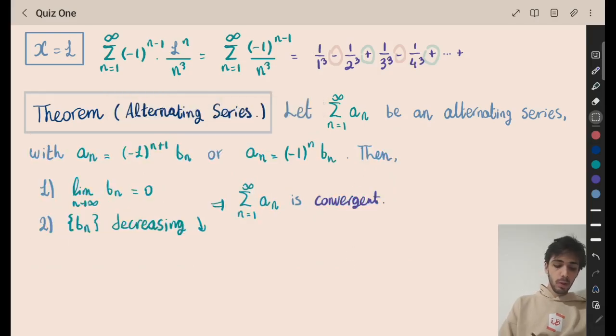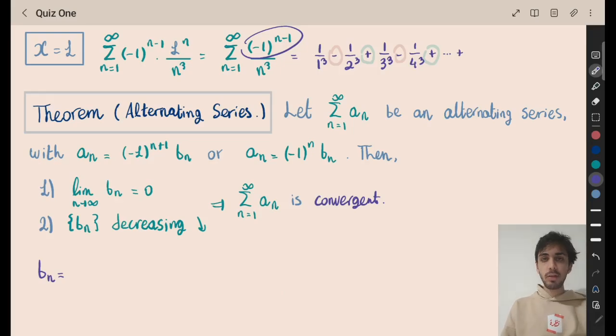It says that if you have this series An, you would like to take a look at Bn. In our case, Bn is the part which does not alternate. So this is the part that alternates in the series.